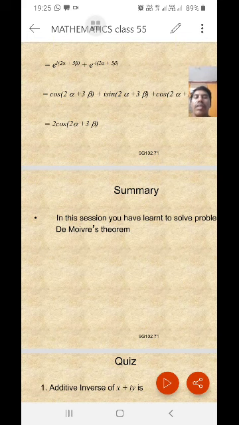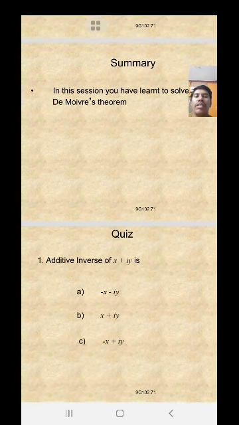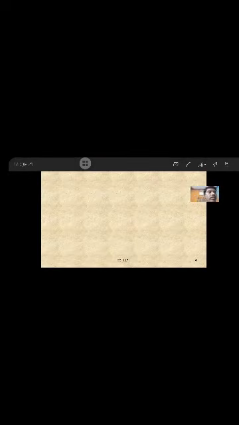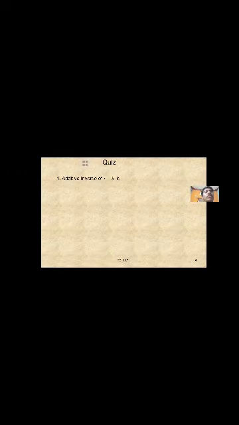So here a quiz is given. Let us see what the question is. Quiz. First one, additive inverse of x plus iy is. I think it is a very easy question, very simple. So the answer is A, that is minus x minus iy.